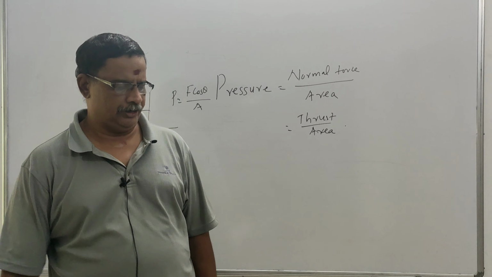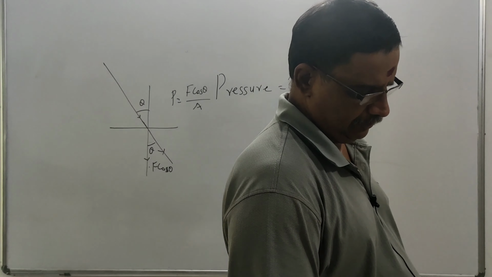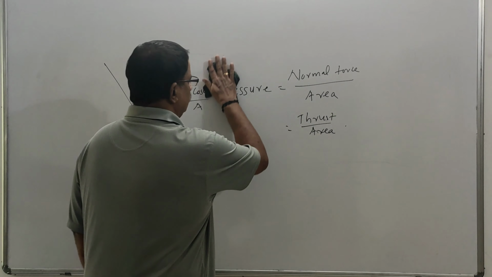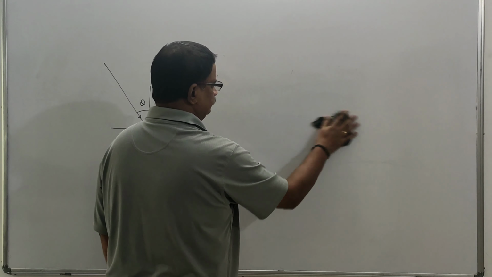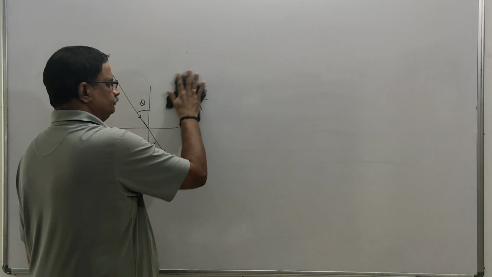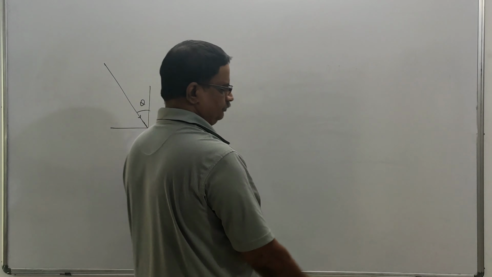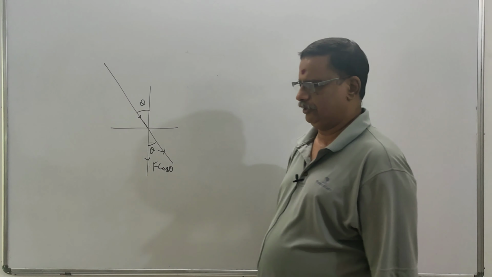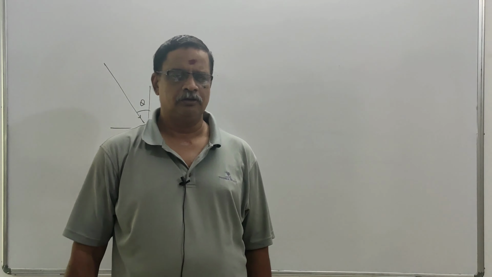Now we are more interested in hydrostatic pressure, the pressure exerted by a liquid, or pressure inside a liquid in equilibrium. We are dealing with liquids which are in equilibrium, which are stationary. That is why the name hydrostatics, like electrostatics.